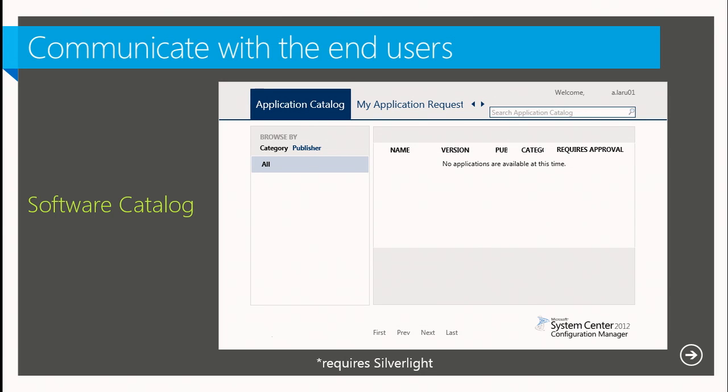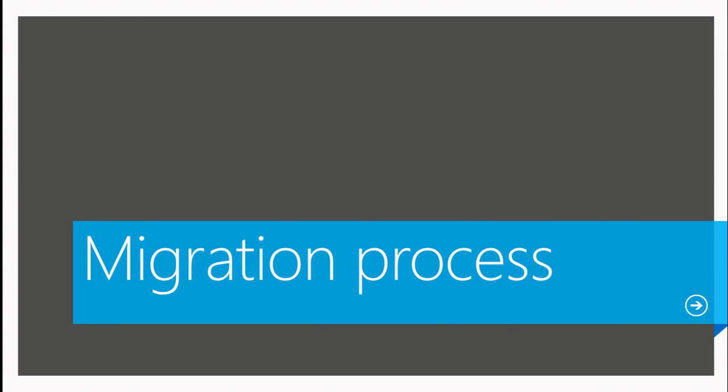The software catalog requires Silverlight installed in the end user environment, but in most cases, for example if SCCM is used for managing the server environment only, the Silverlight installation is not as required as we would like. So we have to be able to skip the Silverlight installation in SCCM 2012, and we will be able to do it. And I will show you how we can skip the unneeded Silverlight installation.